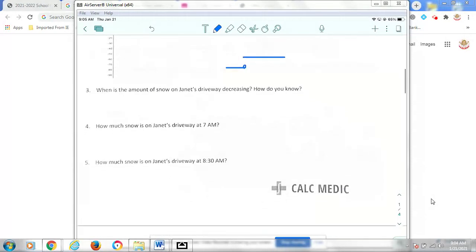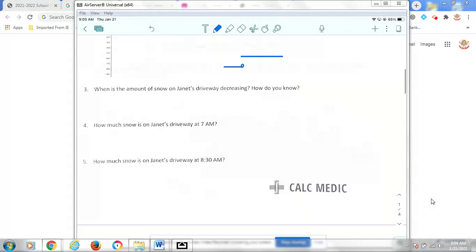So the amount of snow should be decreasing between 6 a.m. and 9 a.m. because she's shoveling faster than it's snowing. But the calculus reason is that S prime is negative.